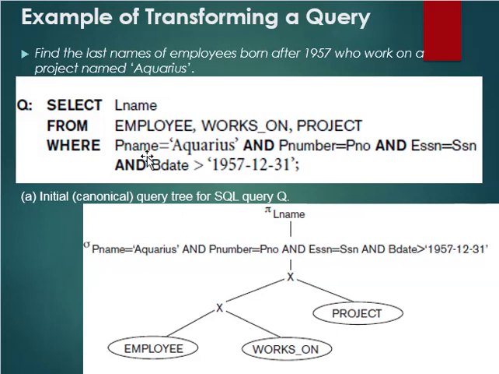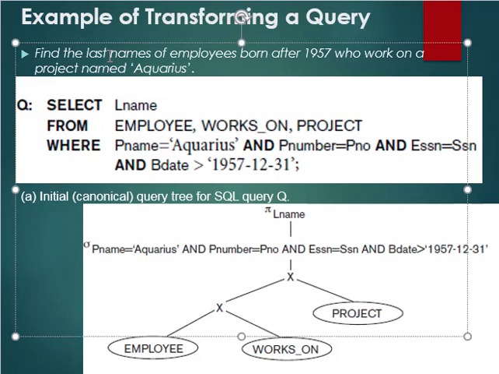Next we need to apply the selection condition. So at the next higher level, you write the selection condition: P name equal to Accuracy, P number equal to P number, ESSN equal to SSN, and birth date greater than 1957, etc. And at the next higher level, you have to write the project. In the selection statement as well as in our question, we can see that we require only the last name. So you have to write L name in the project clause.